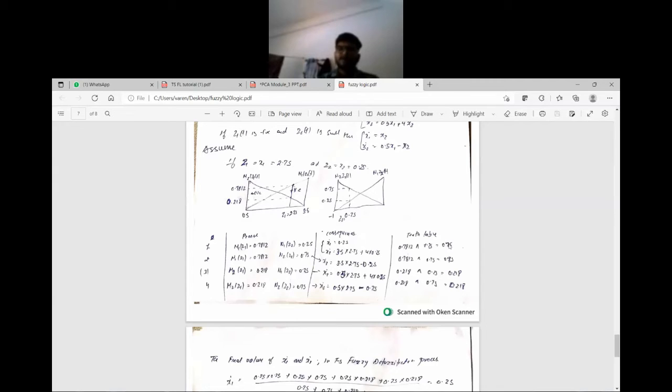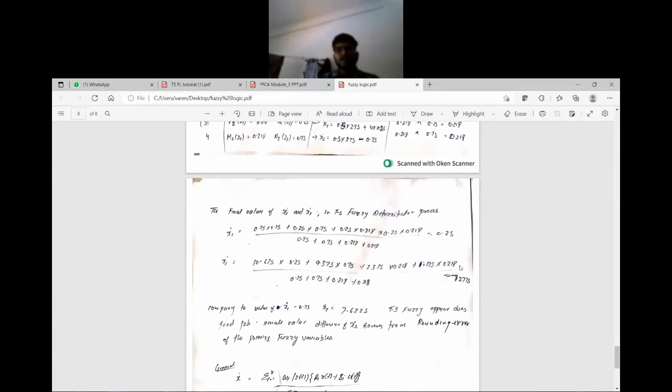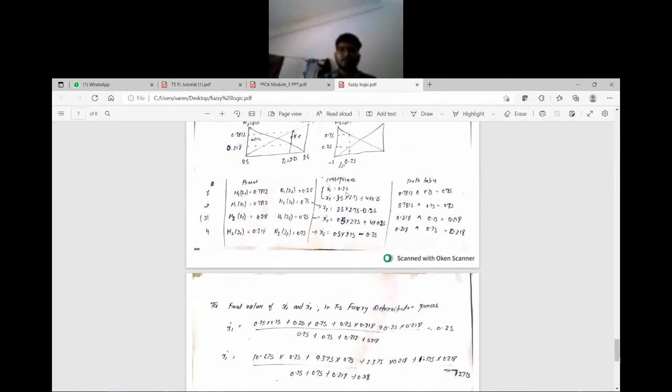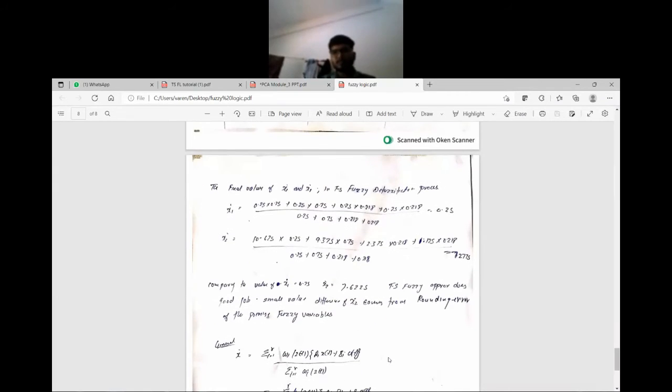We have found the truth table using the AND gate, this premise variable into x1 dot, and then the result of this we will get is the minimum function, because we use the AND function here. The final value of x1 dot and x2 dot comes from the defuzzification process. X1 dot can be written as 0.2 x1.